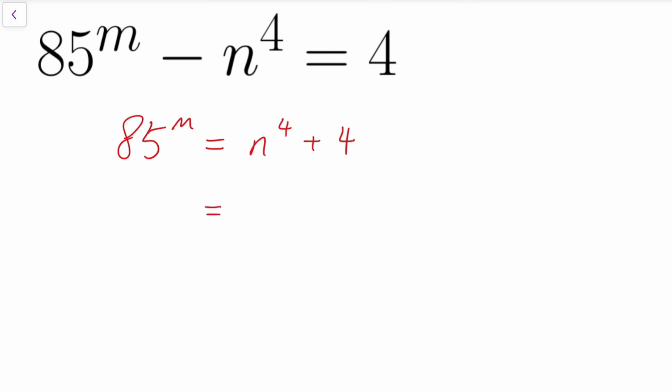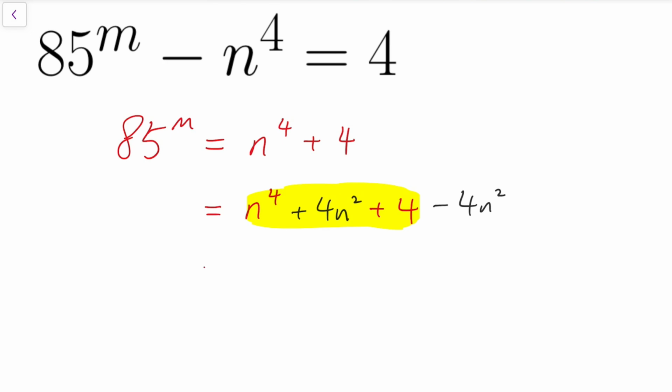In fact, I can rewrite that as n to the power 4 plus 4n squared plus 4 minus 4n squared, so that both expressions are equal, but now the first three terms can form a perfect square, and 4n squared is another perfect square.